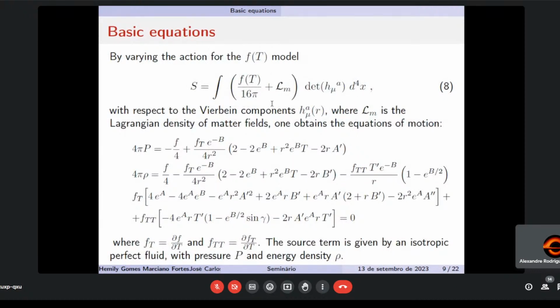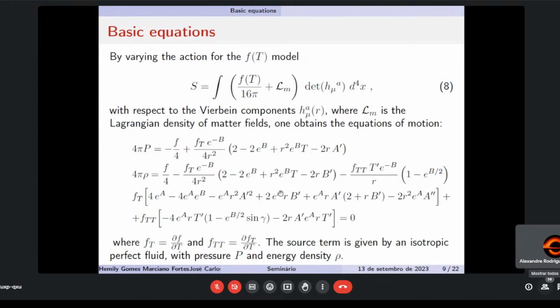And we can do the calculations and obtain the equations of motion by varying the action. So doing this, we have these equations here. They are not very, how can I say, simple equations compared to GR, but there is some advantage, because when you compare this to the f(R) extensions, the equations are simple.